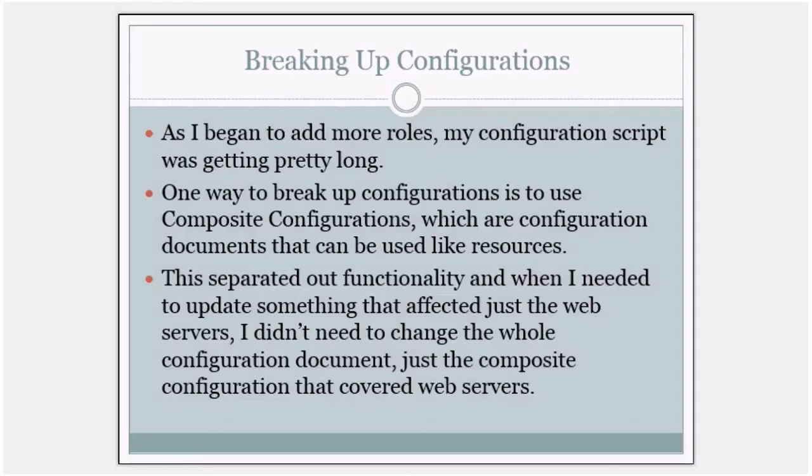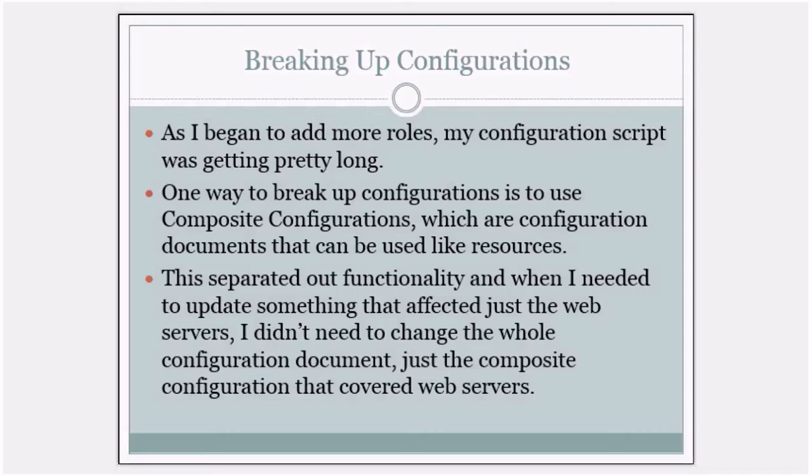So with a composite configuration, you can actually take parameters into it, and then your main configuration document treats them like a resource. But if you, say, load a PS1 file that contains a DSC resource or a composite DSC configuration, you just can't pass parameters to it.